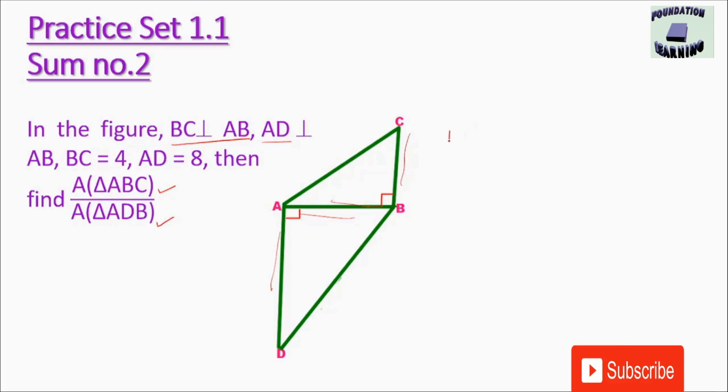So what is the base here? Okay, let's take the first triangle, triangle ABC. Base is AB, and height is BC, which is given as 4.